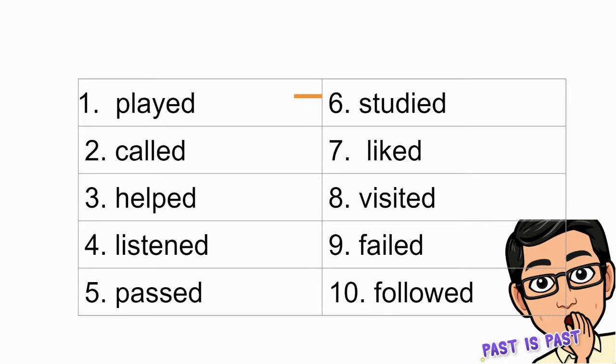Job well done. These are examples of regular verbs. When we say regular verbs, they follow a set of rules when conjugated. We add ed or d to indicate past tense. Let's have the next set of verbs.